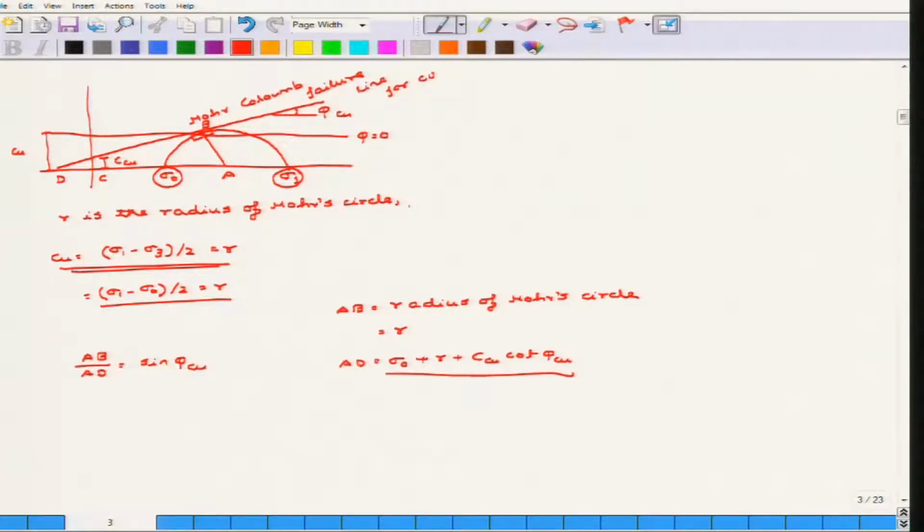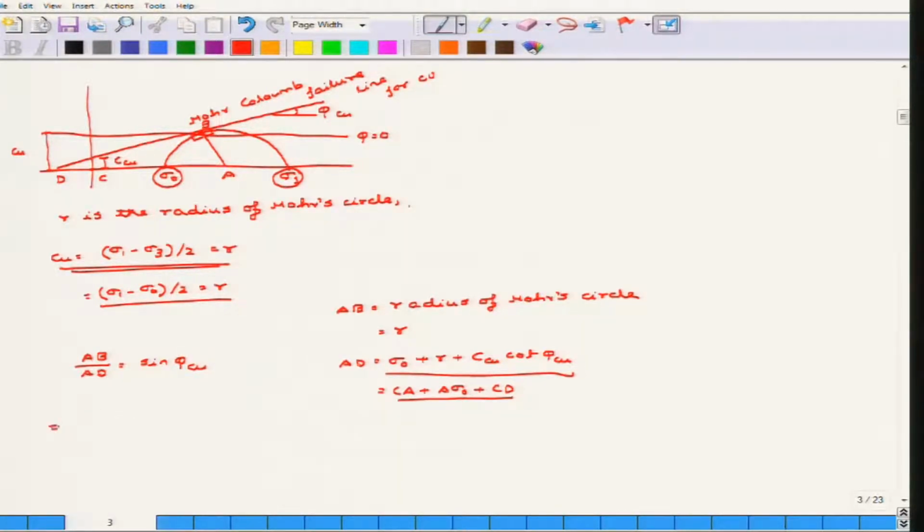Now this can also be derived from the basic relation. I am not going into the details, but from the geometry you can easily derive this relation, because sigma naught is the length from C to A, R is basically A to sigma naught, and C Cu cot phi is nothing but this length CD. So if you add all together, you will get sigma naught plus R plus C Cu cot phi.